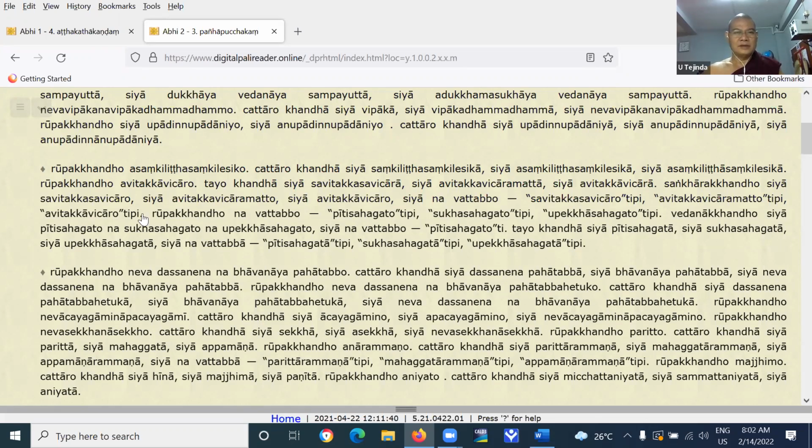So this one, the Vitaka, we say Pajana Khandana Kati Savitaka Savichara Kati, Avitaka Vichara Mata Kati, Avitaka Avichara Kati.